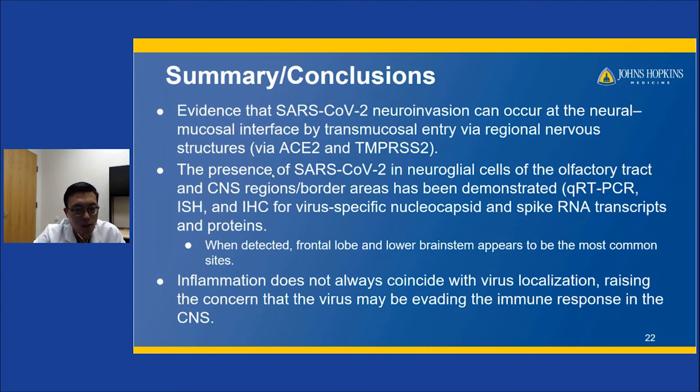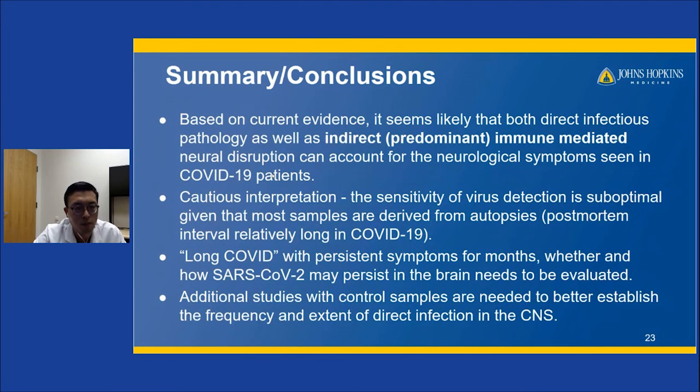Inflammation does not always coincide with virus localization, raising the concern that the virus may be evading the immune response in the CNS, which is probably the more common pathway.